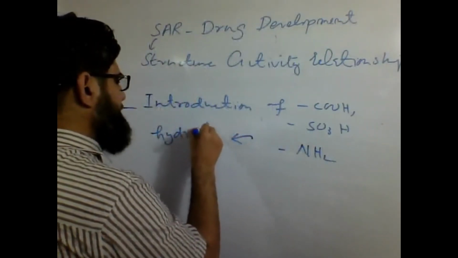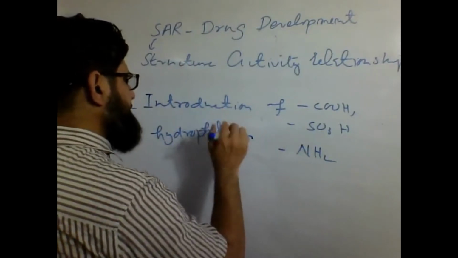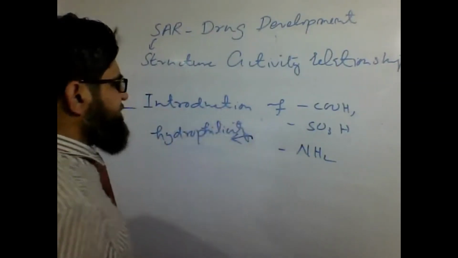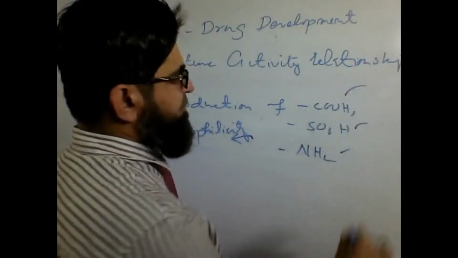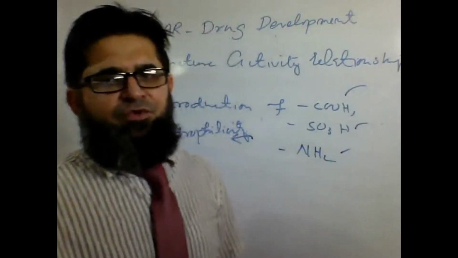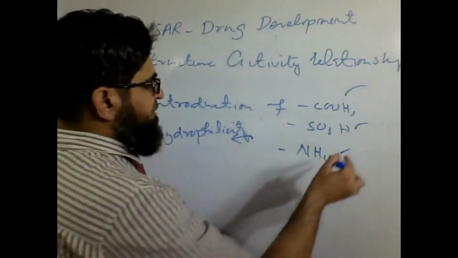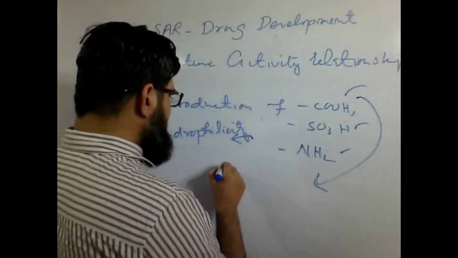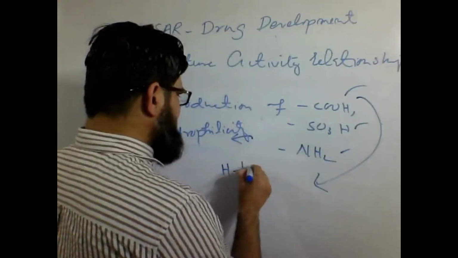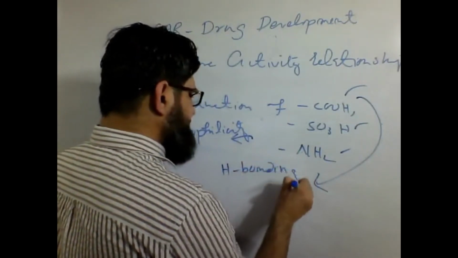If we want to increase the hydrophilicity of the lead molecules, we can insert acidic groups, or we could put in basic groups. These groups are also used if we want to generate hydrogen bonding in the lead molecule.